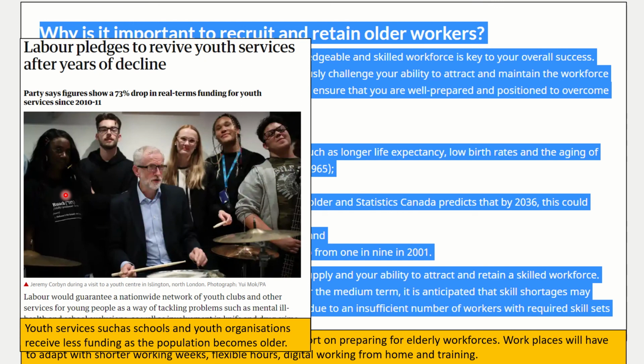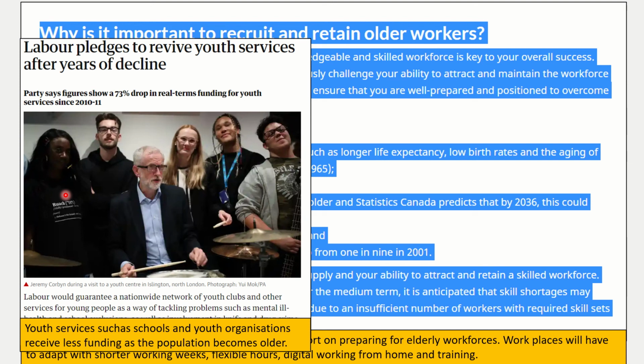With so much attention being paid to the elderly proportion of the population, we find that youth services can suffer. Schools, youth organisations, etc., can receive less funding because the proportion of the population is more elderly and less young.